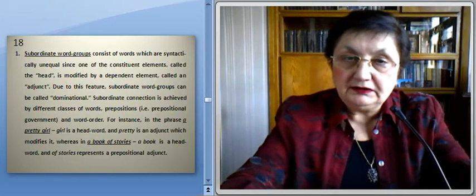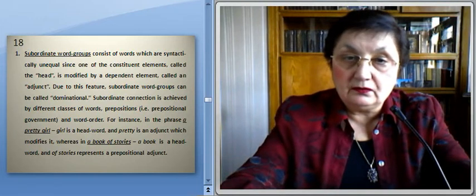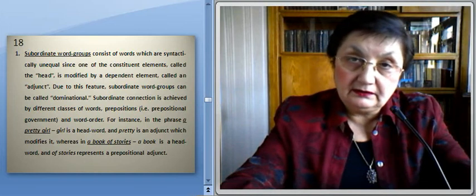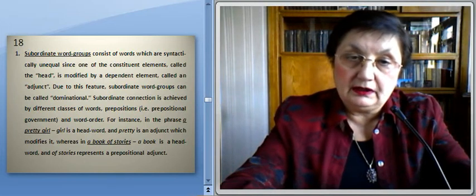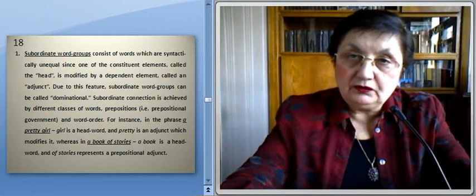Due to this feature, subordinate word groups can be called dominational groups. Subordinate connection is achieved by different classes of words, prepositions, and word order.